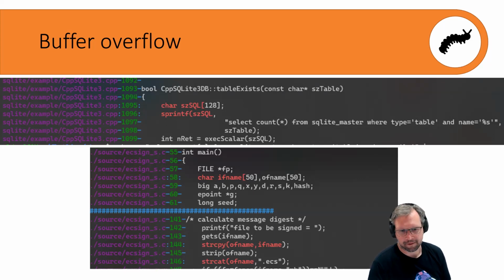And again, the next example defines a file name of 50 characters, and then calls strcpy on that. And the thing to notice here is there's an in file name and an out file name, and they're the same size.